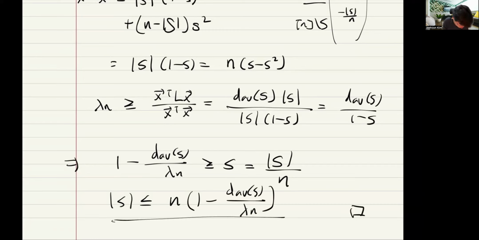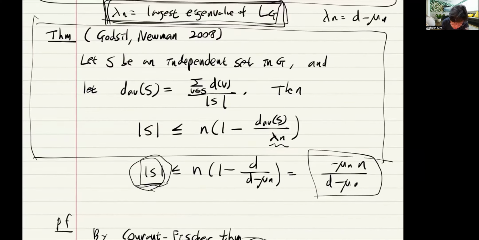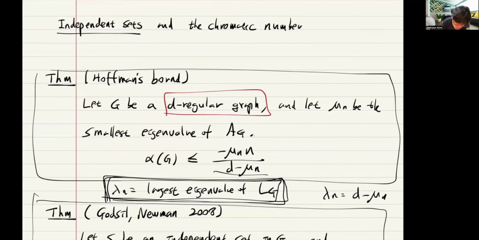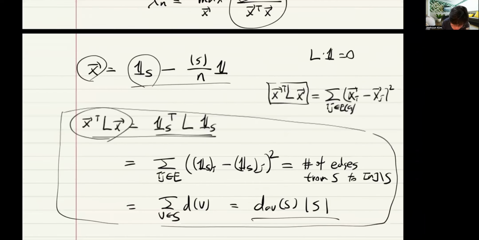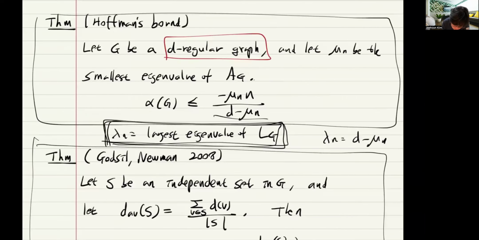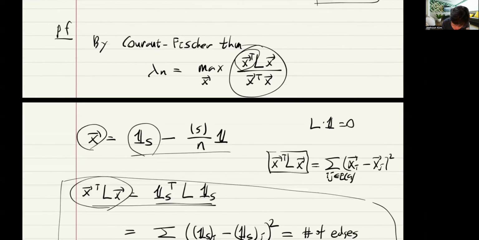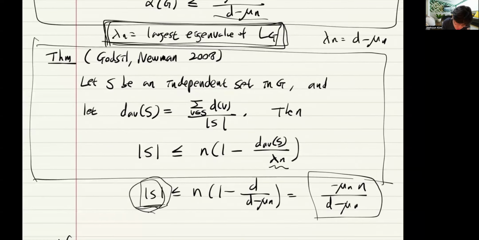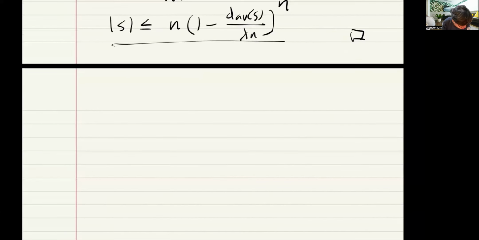So we get the inequality on this side. So this roughly gives you the upper bound on the independence number of G if we know some distribution on the degrees of the graph.